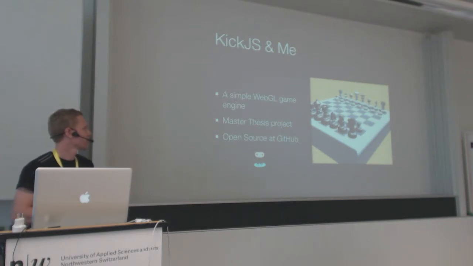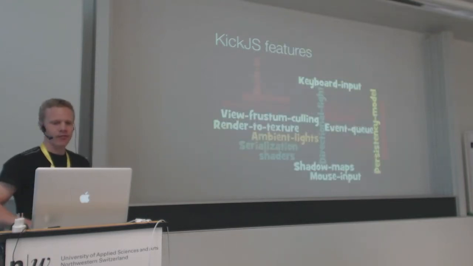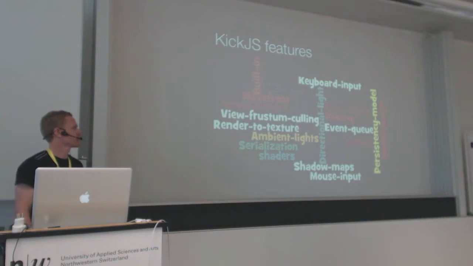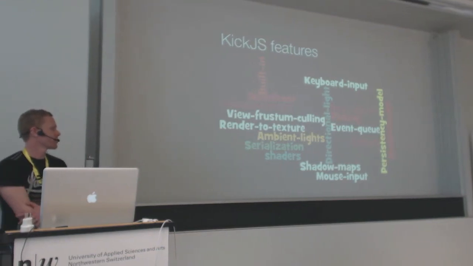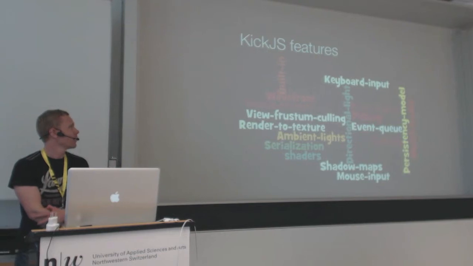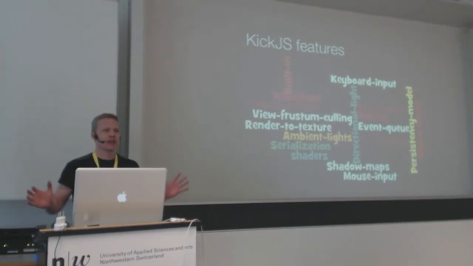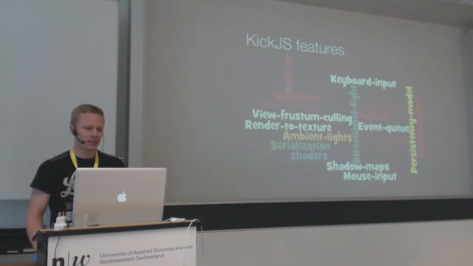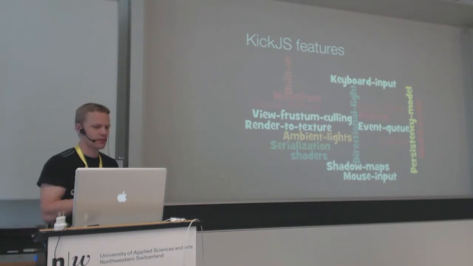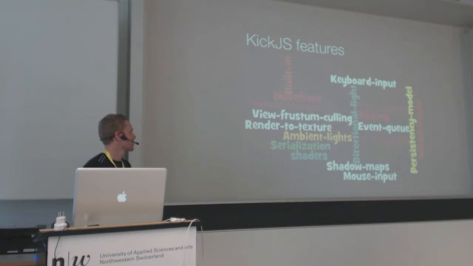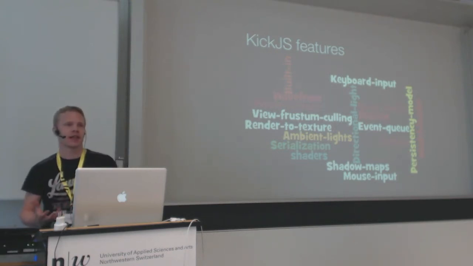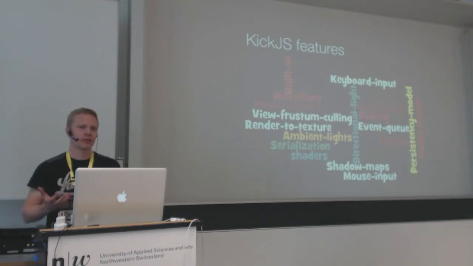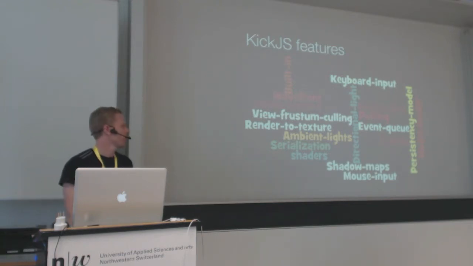KickJS is available on GitHub as an open source project, and KickJS has a lot of the same features as FreeJS. So basically it just adds a level of abstraction to the WebGL part. Most importantly, it adds a scene graph and it handles loading of 3D models into the browser.